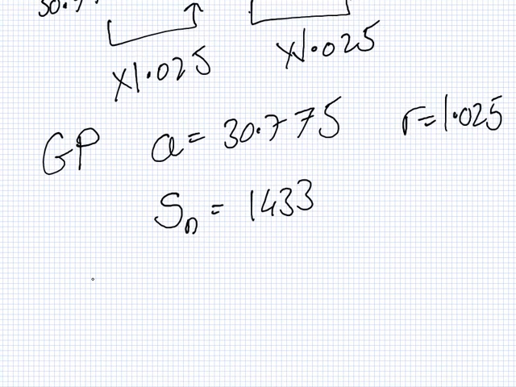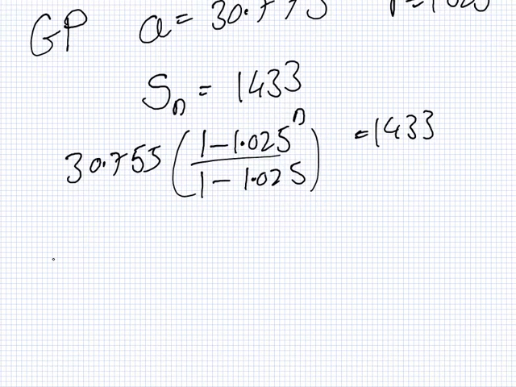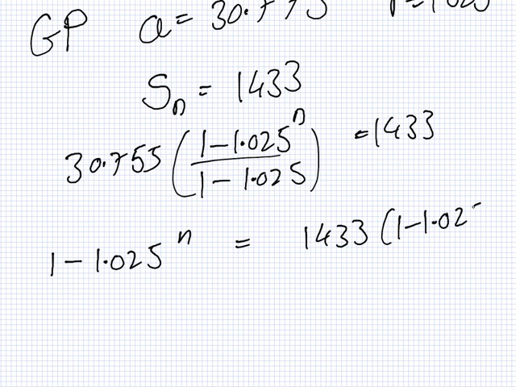So this means a(1 minus r to the power n) over 1 minus r should equal 1433, which means 1 minus 1.025 to the power n should equal 1433 times (1 minus 1.025) all over 30.775.